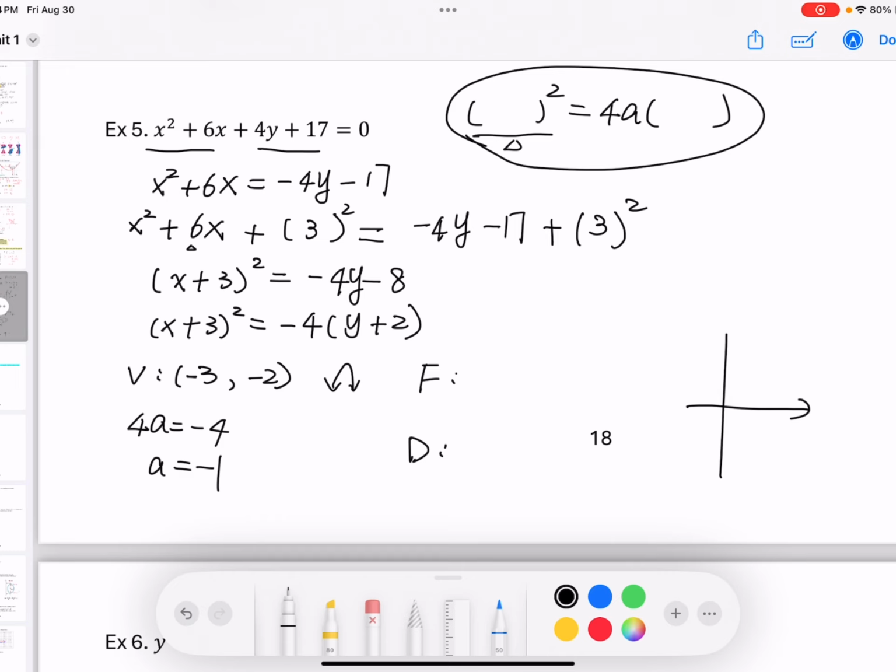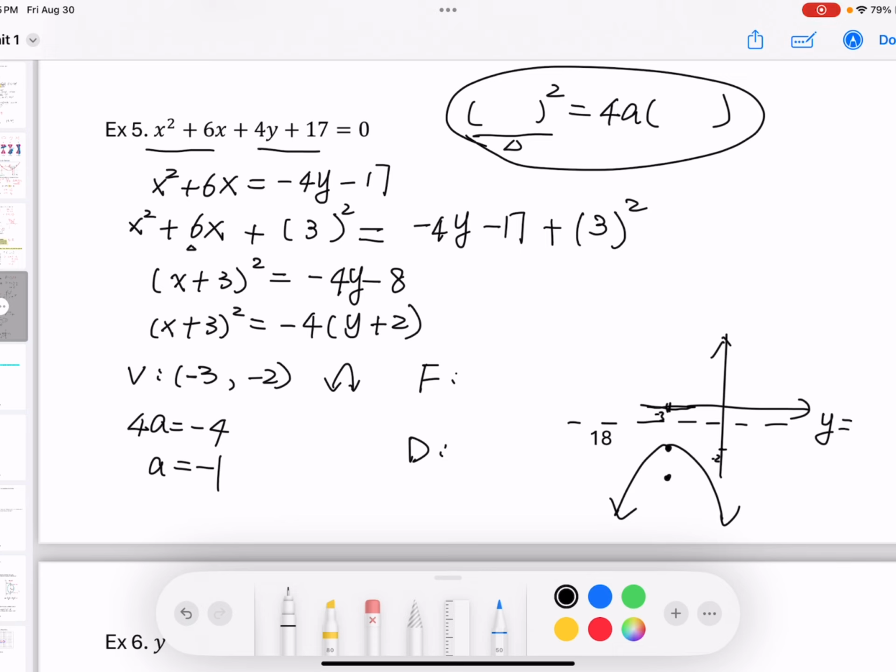First, let's find the vertex: (-3, -2). And then open downward. Okay, so this is the focus and this is the directrix, so it is y equal to something.